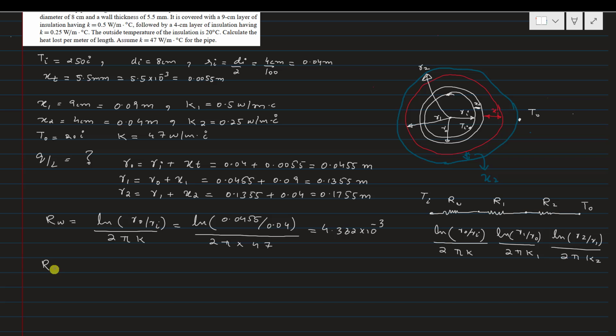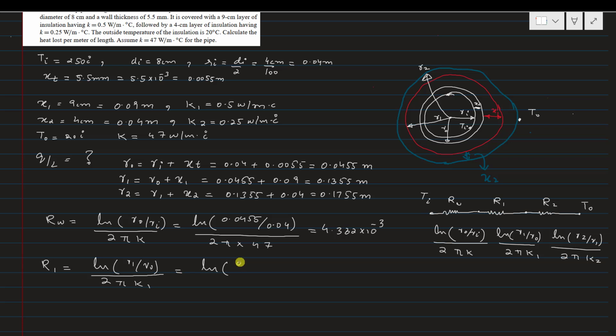Now resistance R1 is offered by the first layer of insulation. This is ln of R1 divided by R0, divided by 2 pi K1. So what is R1?